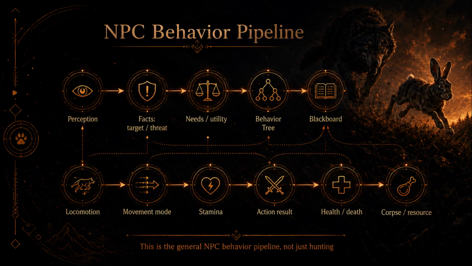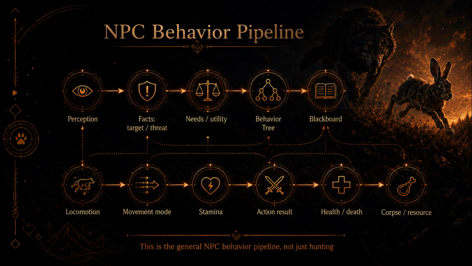But the same layer can also be used for other tasks, like finding a resource, noticing danger, or detecting an object of interest. Perception doesn't make the final decision, it prepares facts. There is an object nearby. The distance is this. The direction is this. The target has the right tags. The threat is still active.